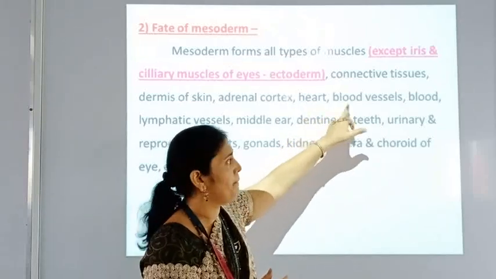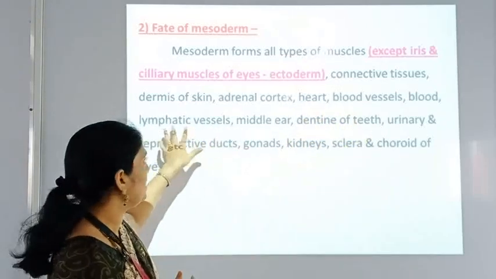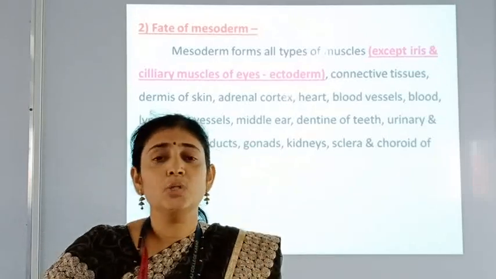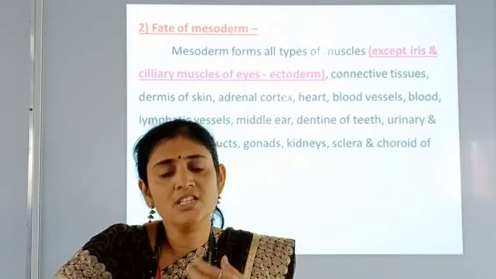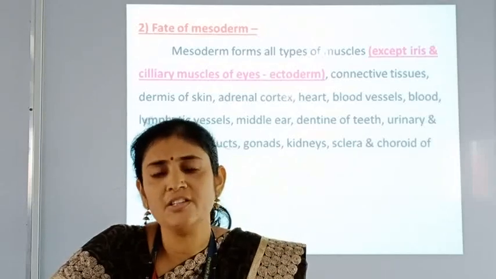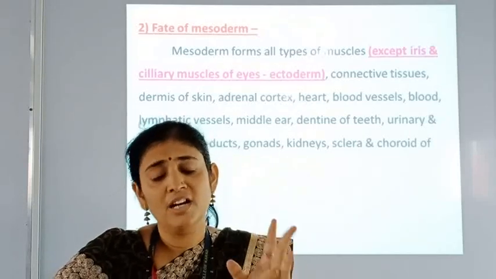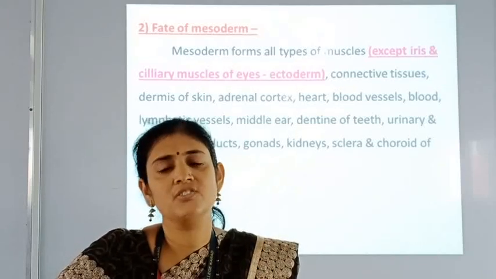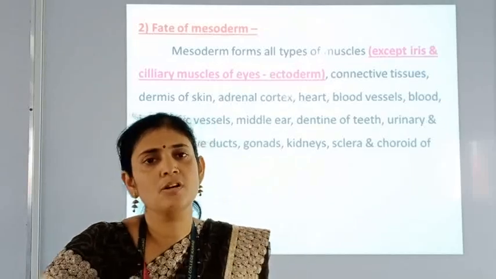Then heart, blood vessels, blood, lymphatic vessels, meaning the structures which are related to the circulatory system. All the structures related to the circulatory system, meaning the blood vessels, heart and lymphatic system, are derived from this mesoderm.